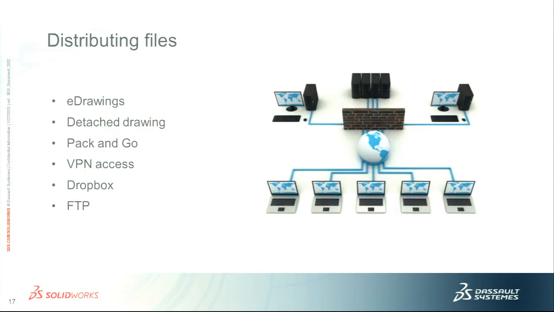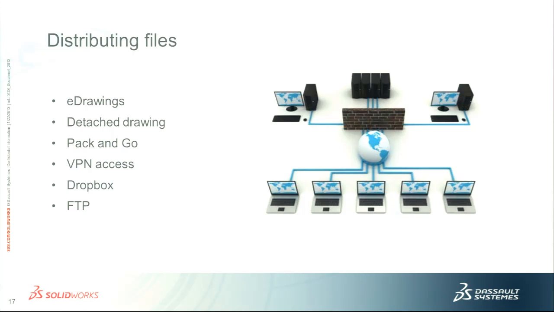I briefly touched on VPN access. You can use your internet connection to log into your server, so remotely, if you need to access files. Dropbox is a new one that was released recently. Actually, every single one of these computers in these demonstration rooms has Dropbox. That's how I was able to get my presentation onto this computer. Dropbox is a free service.